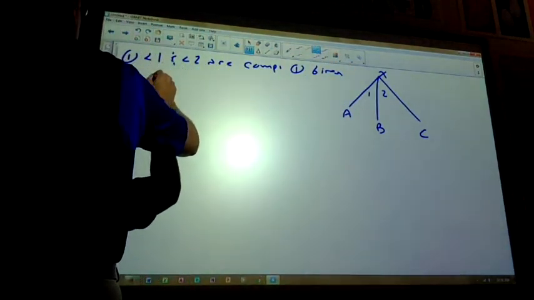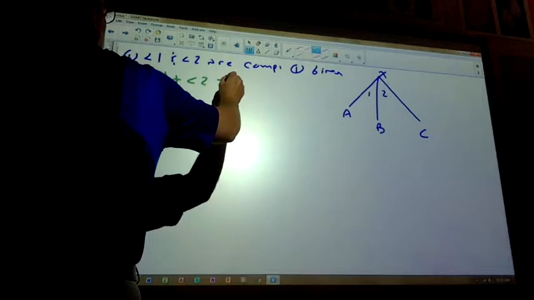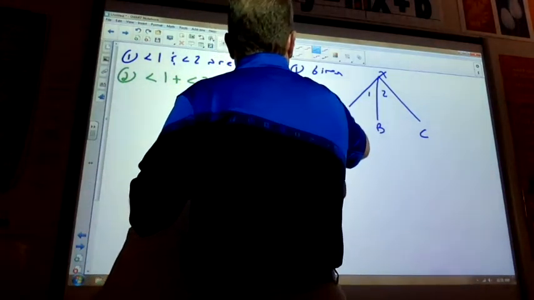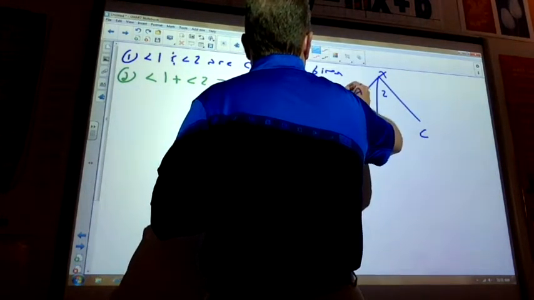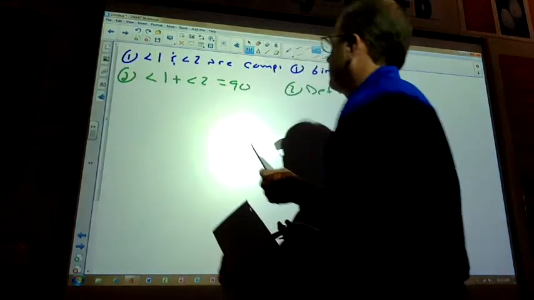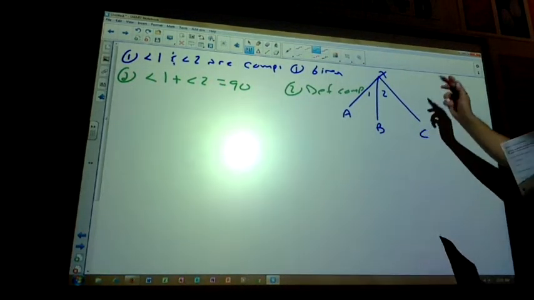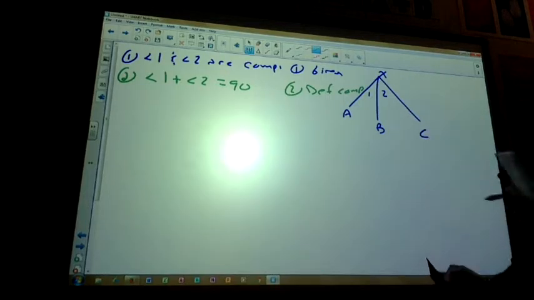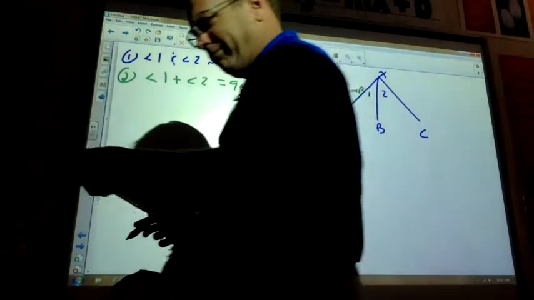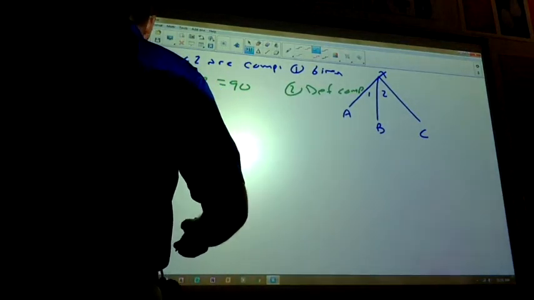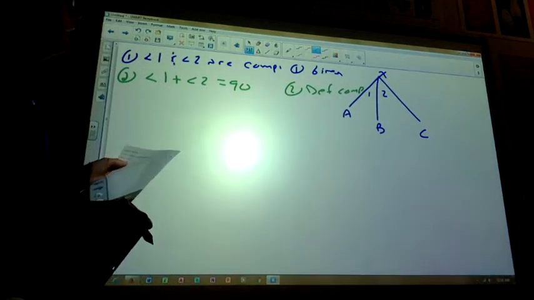So my next step would say this. Definition of complementary. Is that right? And then we want to prove that they're perpendicular lines to each other. Can't you say that angle AXC is 90 degrees?